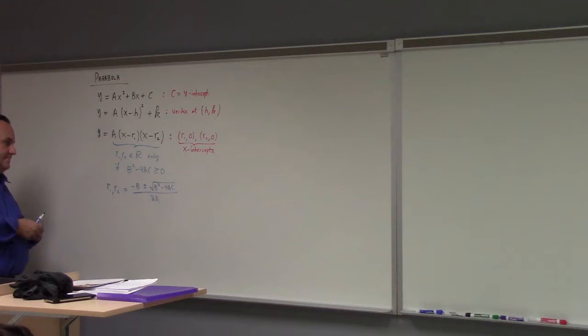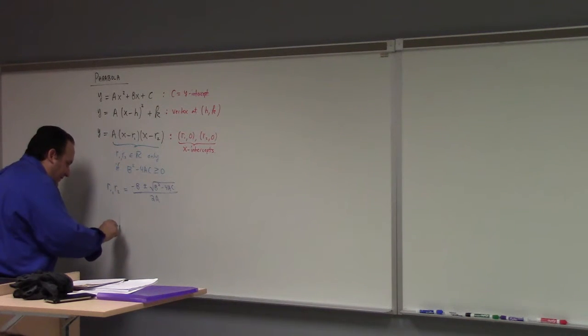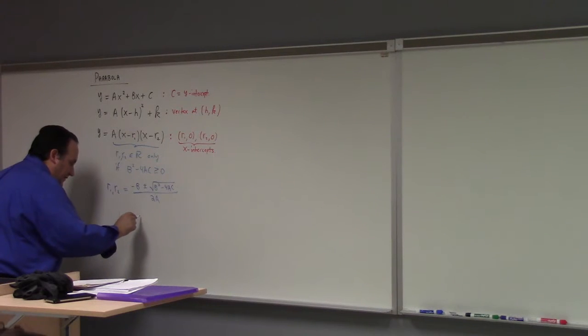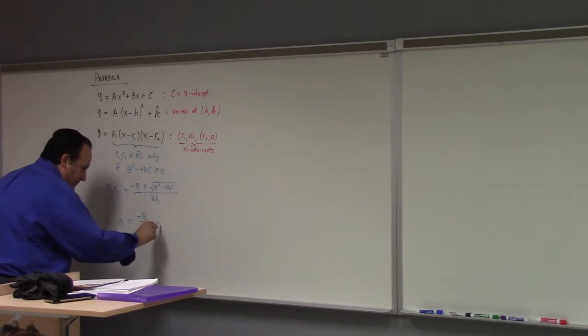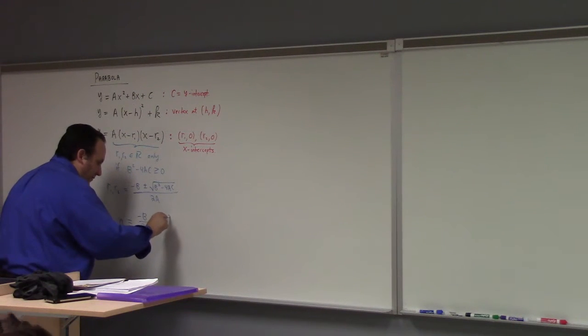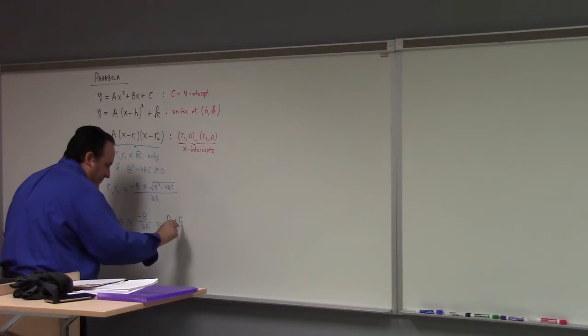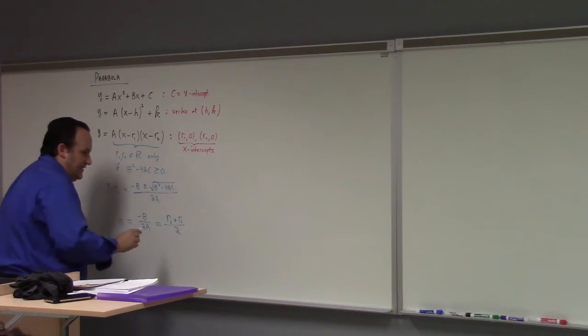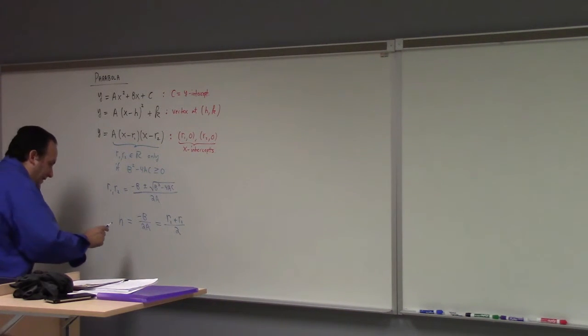What else do we know? We also found that h is equal to minus b over 2a, but it's also the sum of the roots divided by 2. In other words, the x-coordinate of the vertex has to be at the average of the roots. And we also had a formula for k.